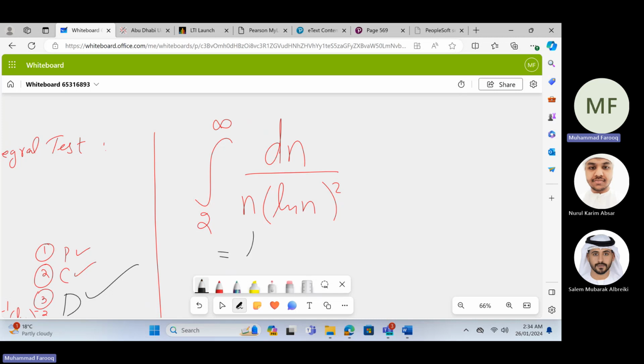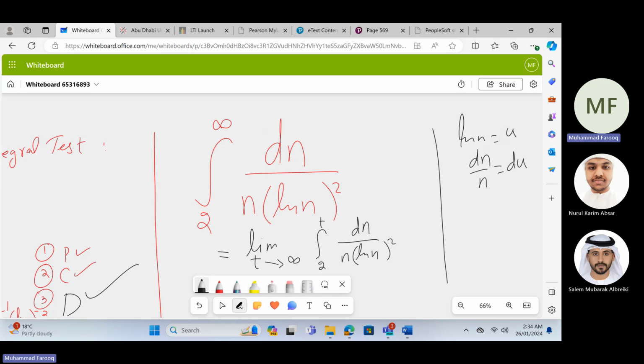So, the limit as t approaches infinity of the integral from 2 to t of dn divided by n times (ln n) squared. Okay, now start the substitution. What will you guys do? Let u = ln n, so dn over n is equal to du. No more any different thing, please.